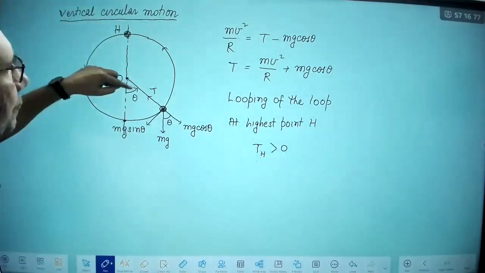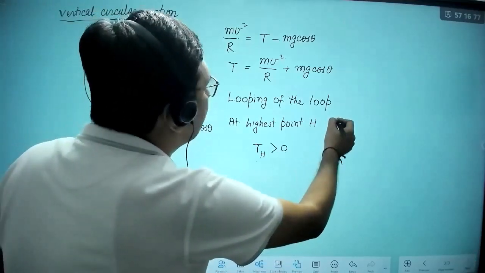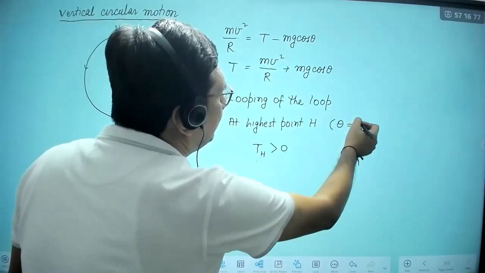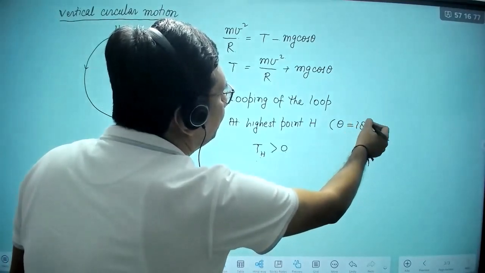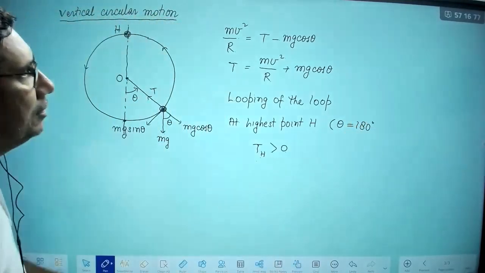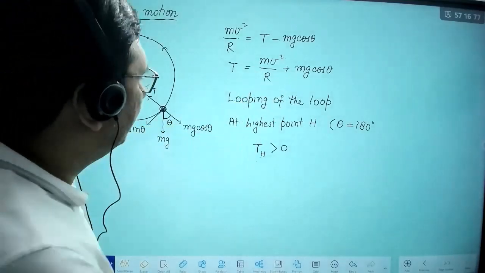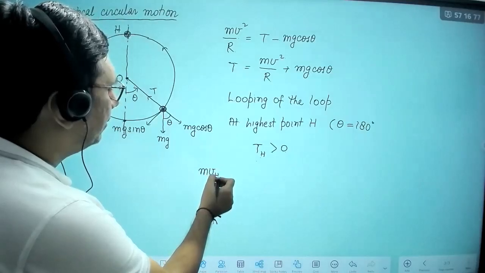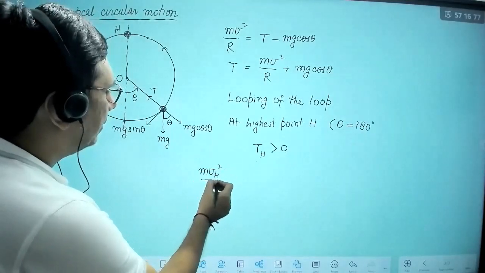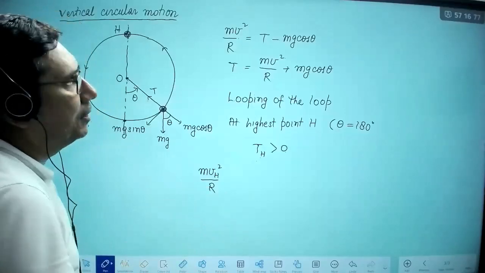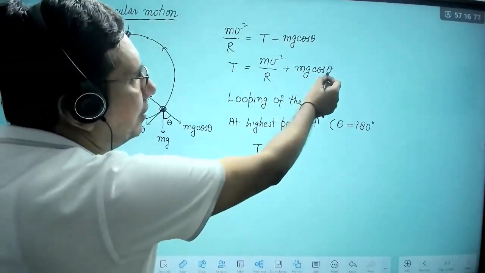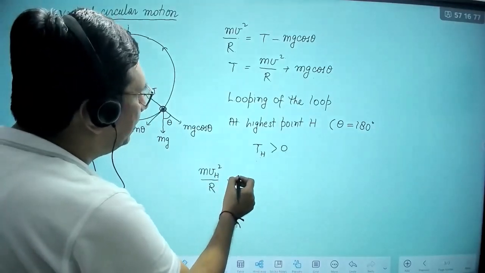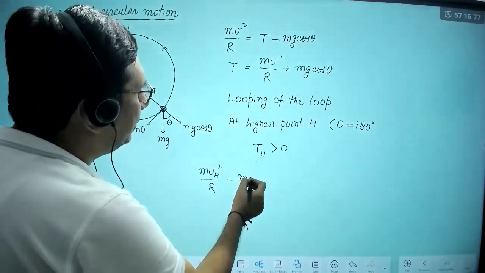And at the highest point, what will be theta? How much will it be? That will be 180 degrees. So in place of theta, substitute here: this will be mvH square upon r, and cos 180 degrees is minus 1, so this will be minus mg.